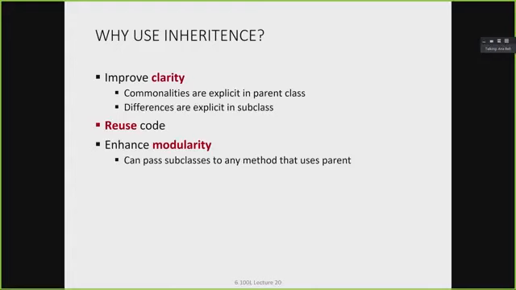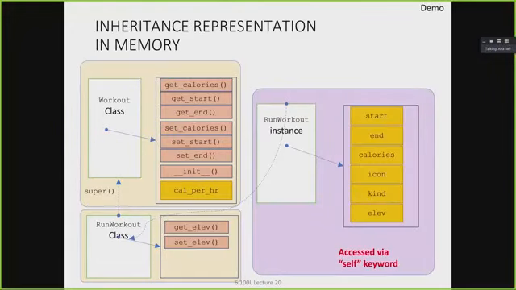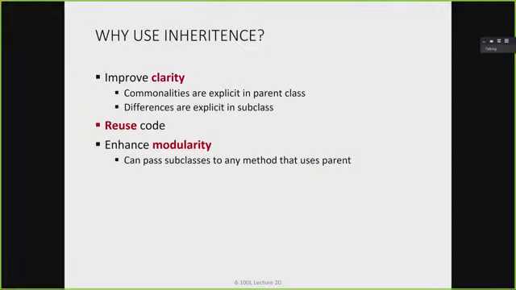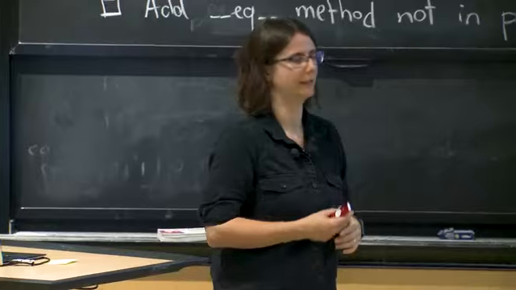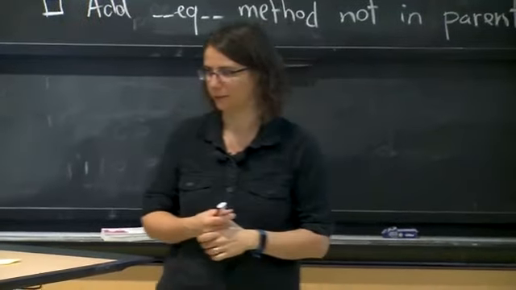If we define it this way, we can easily see new functionality and new data attributes that run workout has in addition to just being a workout object. All those good things for writing very nice, clear code.